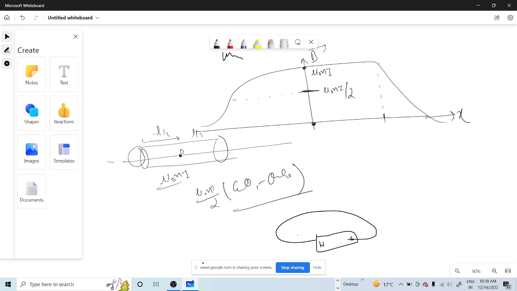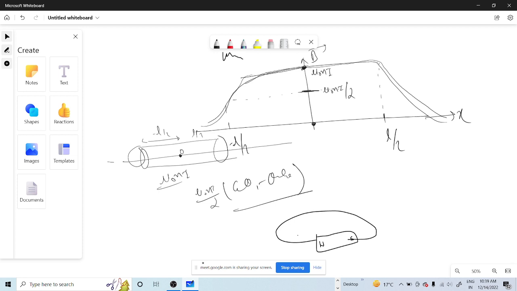Here mu naught n I is the maximum; it stays constant, and then it falls down. What is that length? As you know from the figure, it is L by 2 here and minus L by 2 on the other side. That means after a distance L by 2 it falls down.